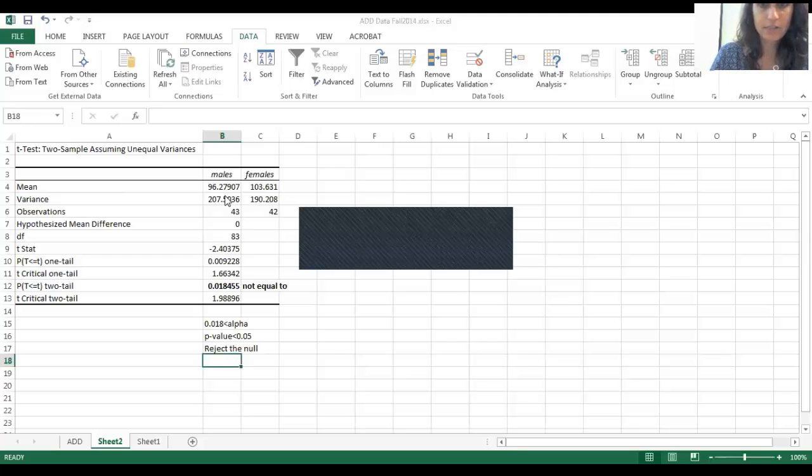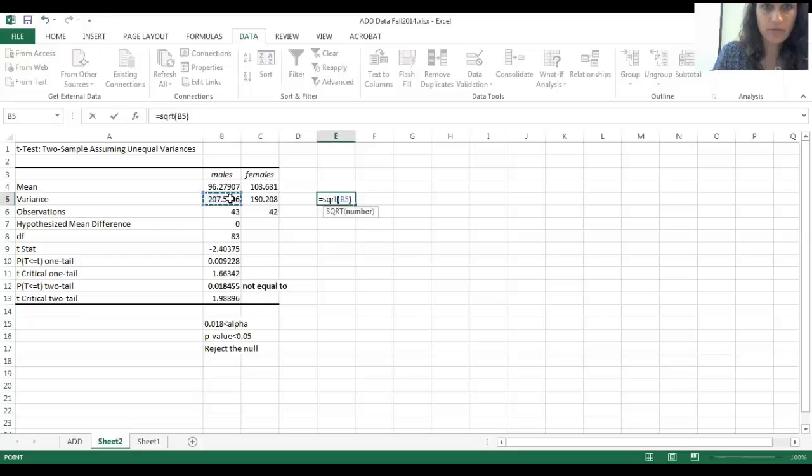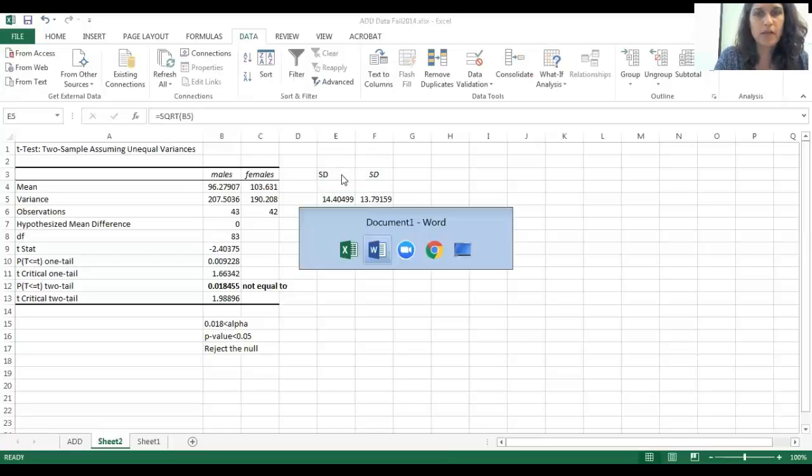And then the standard deviation is the square root of the variance. This is the SD for males and females. So that's 14.4.